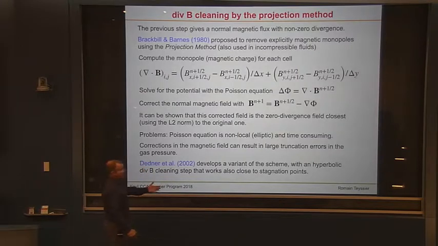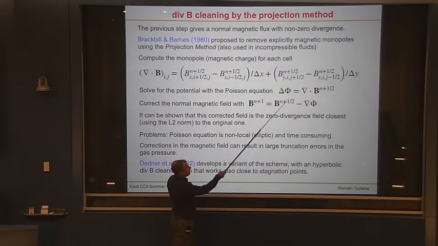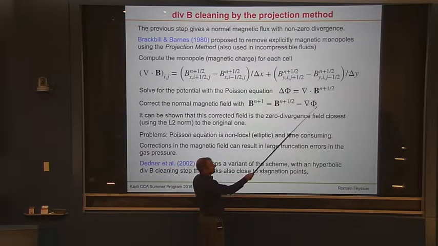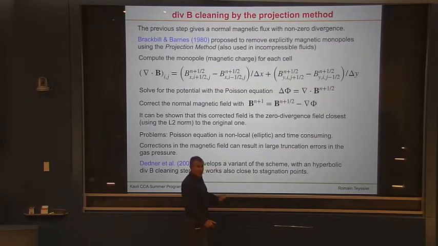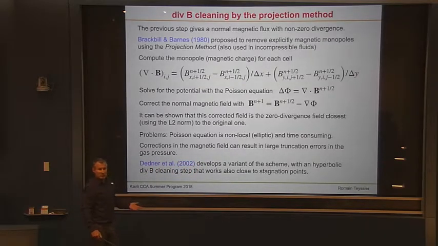And so if you solve this, then if you use this potential to correct your magnetic field, by construction, if you take div of B n+1, you find div of B n+1/2, which is not 0, minus Laplacian of phi, which is equal to div B n+1/2. So by construction, if you do that, your new field, the field that you have corrected, will have div B equals 0. Right? So it's called the projection method.